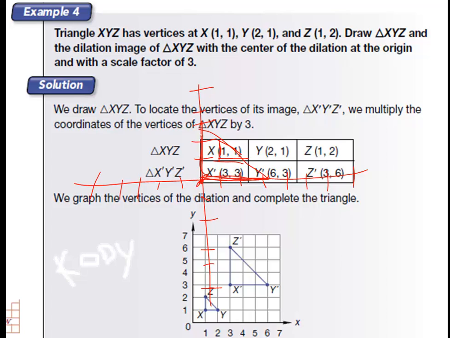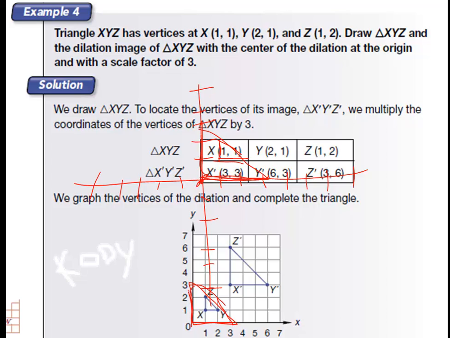So we take it and we make it bigger. In this case here was our original, and then it said with the center of the dilation at the origin and with the scale factor of 3. So you make it 3 times bigger. On this one, I took mine and went 3 and 3, a dilation of 3.